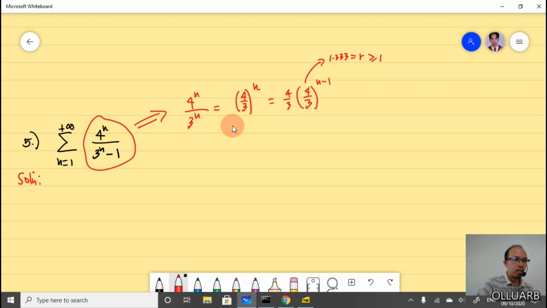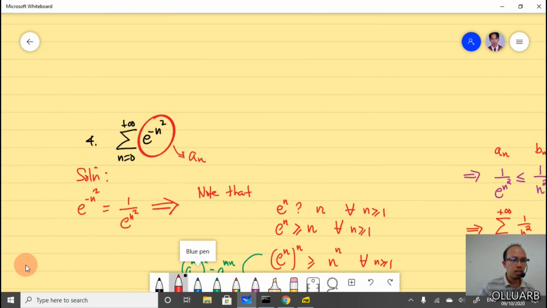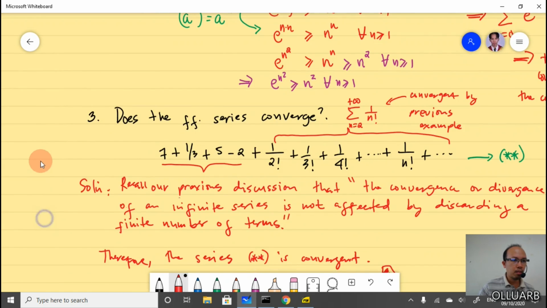So let's try to compare. What is the right word?